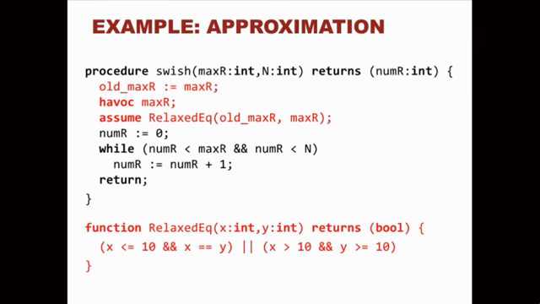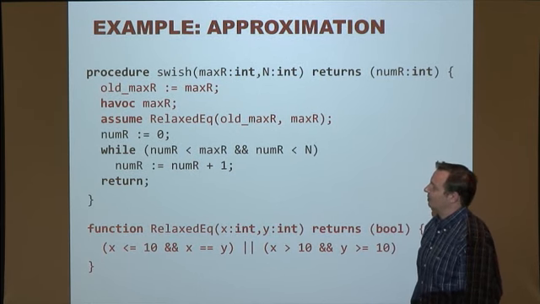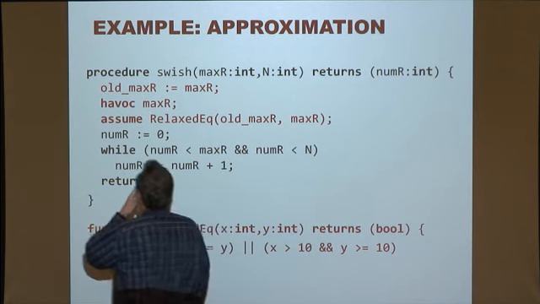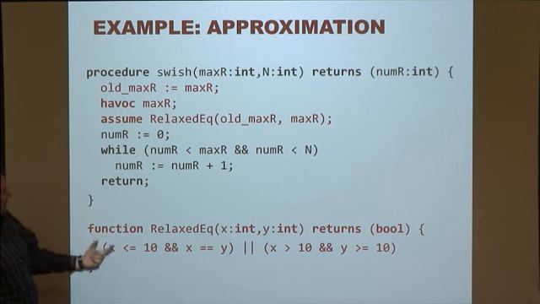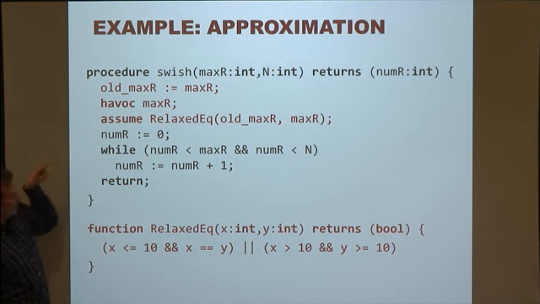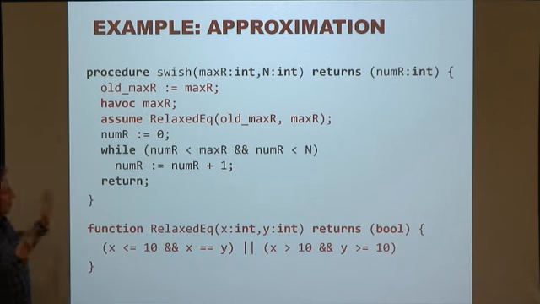And then here is the approximation. The red lines are what introduce approximation. It's a little more involved and interesting than what we had before. We are not just completely scrambling this maxR variable, but doing this in a more controlled way. What this says is that if maxR is less than 10, then don't change it, and if it's greater than 10, then it can be anything as long as it's still greater than 10.